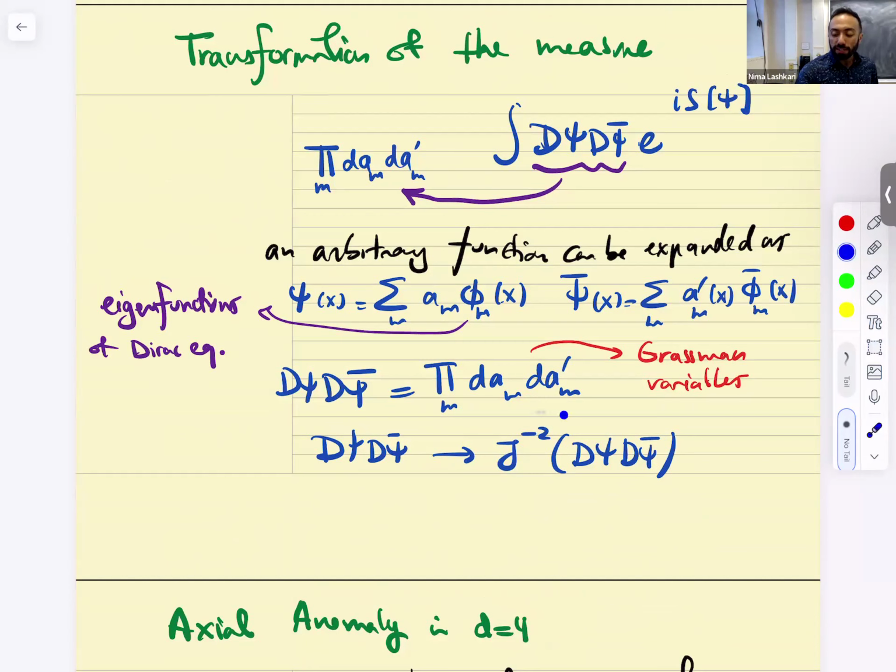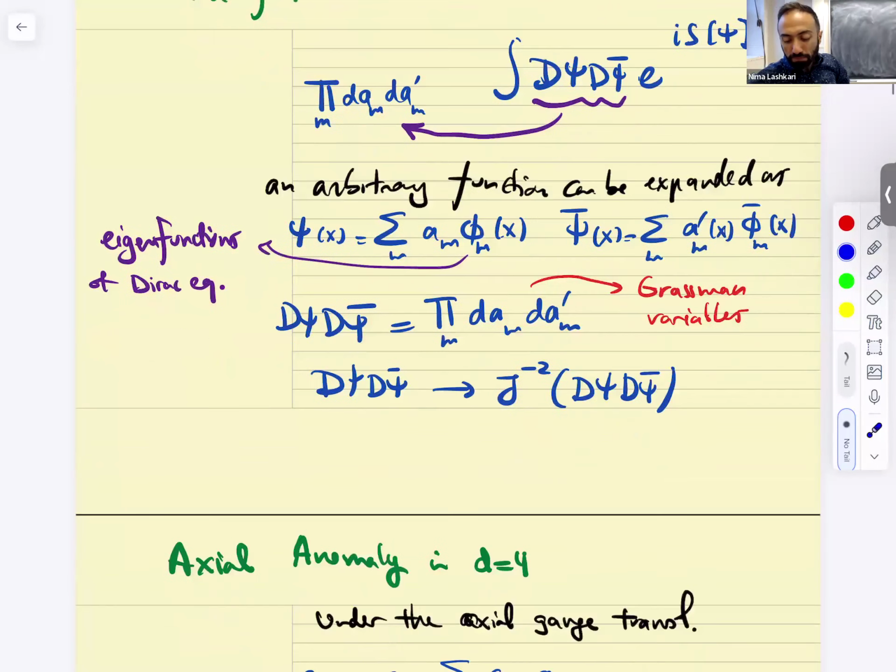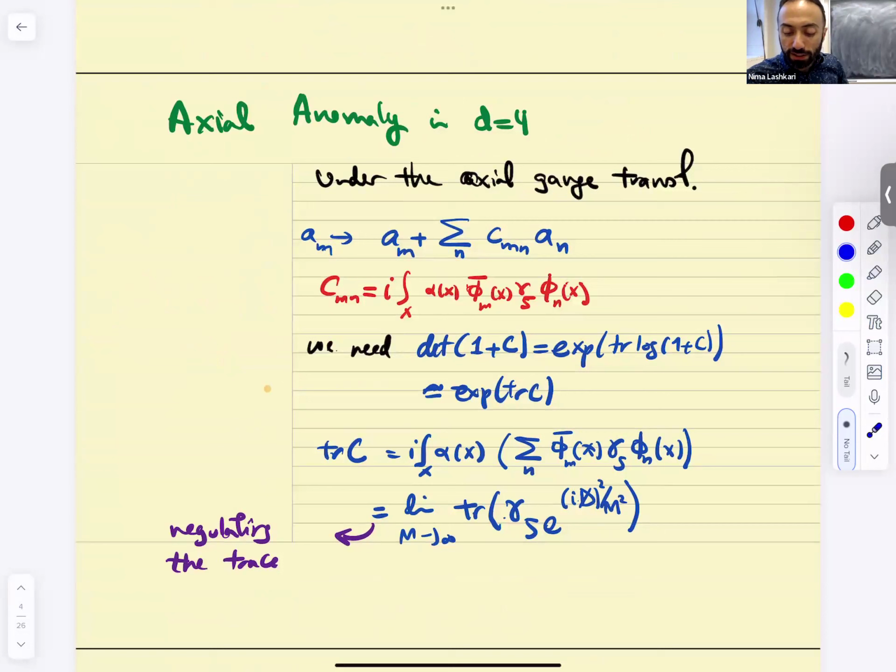Under the gauge transformation, you're going to pick up a Jacobian, and log of J is going to decide what the correction term, the anomaly term in the action, is. And then you could view that as the right-hand side of the conservation law, del mu J mu. All right, axial anomaly in D equals 4.